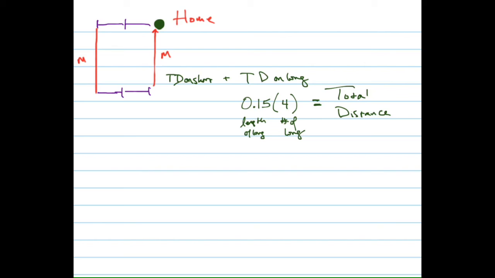What is the hashtag of long? That's a number sign, okay? Before that it was a pound sign or a sharp sign. So the total distance on short should be the length of a short block times the number of short blocks.